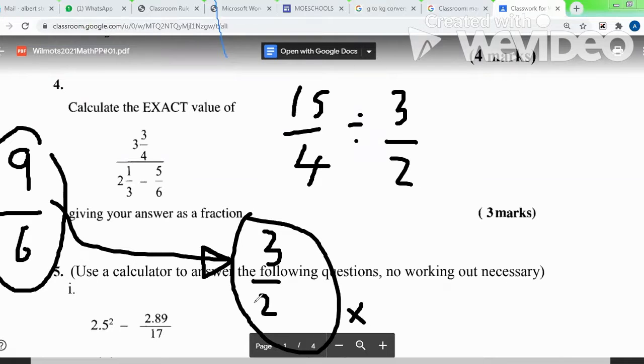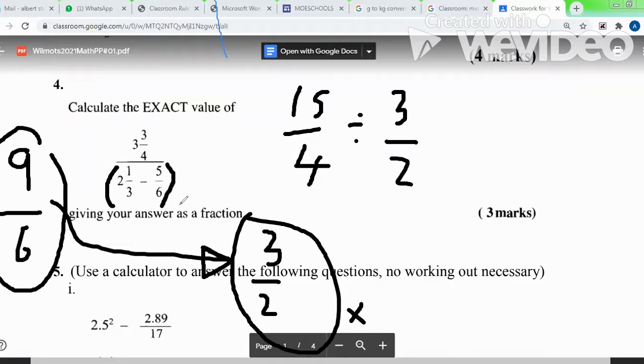Just to be clear, the sequence is to work out the top first, then we work out the bottom separately, right? After we work out the top and convert that into an improper fraction, are we going to convert the mixed fraction, then subtract that from the 5 over 6? You're going to work out all of this separately.